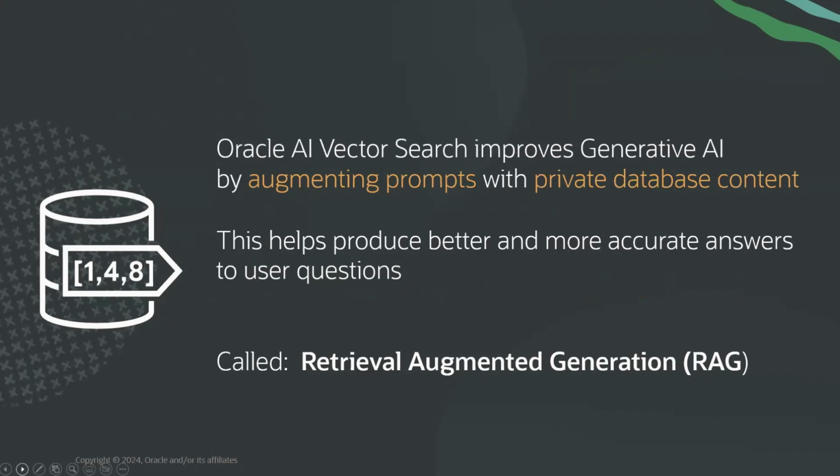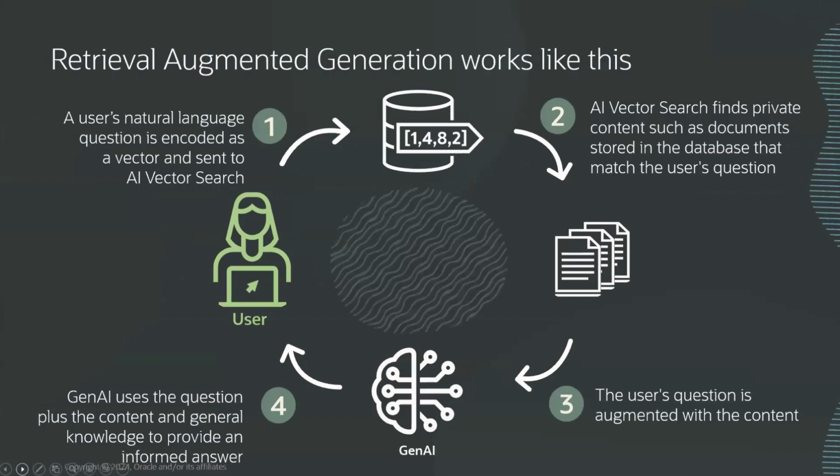You can then take that information that you find through your vector searching, augment the prompt or the question that you're going to ask your Gen AI service, and then it helps to get a more accurate answer, a better answer to your questions. And you may ask yourself, well, how does that look from a user standpoint when you take vector search and RAG and you combine it together with a Gen AI service?